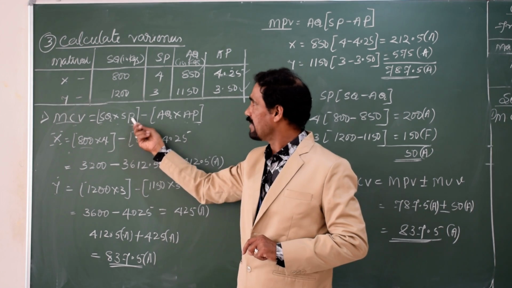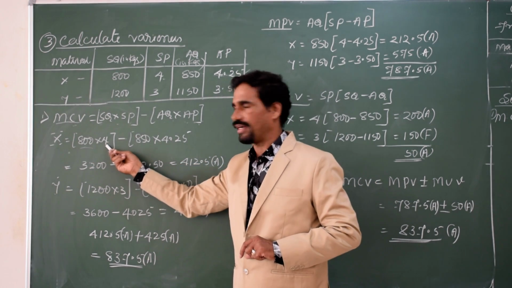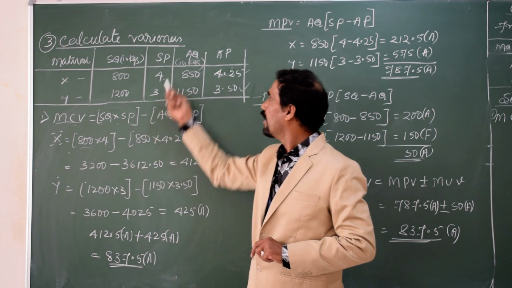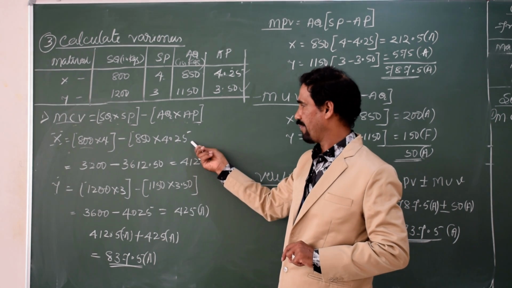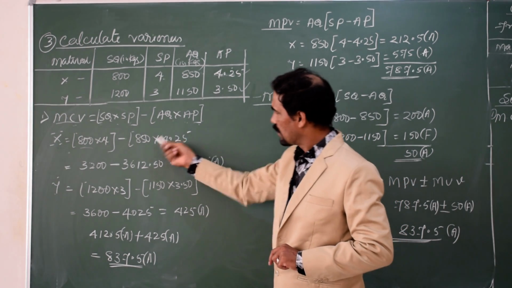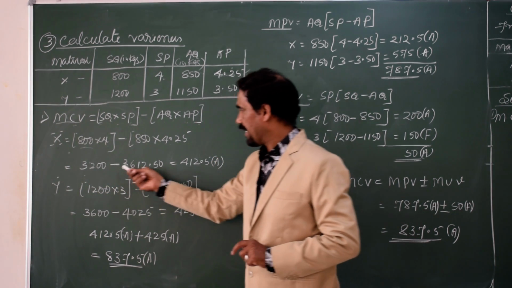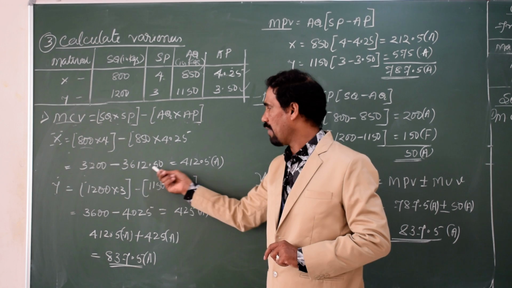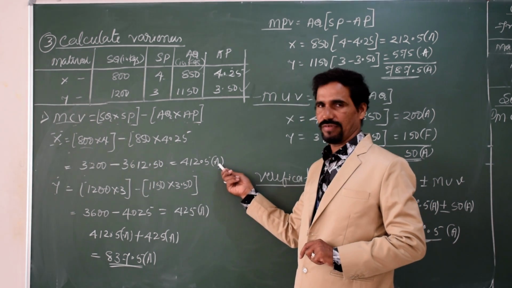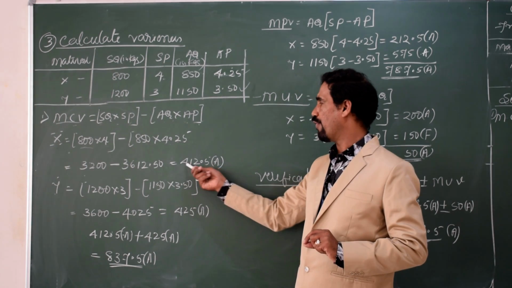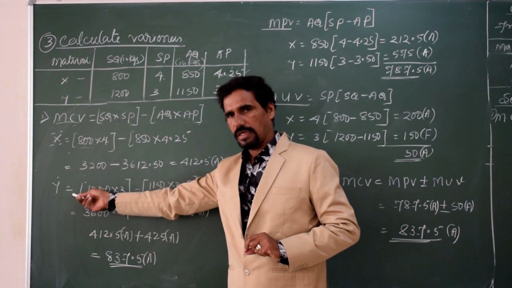What is the standard price? 4 rupees. 800 into 4, which is 3200, minus actual quantity 850 into 4.25, which is 3612.50. The answer, 412.50, is adverse for material X. Same way, come to material Y.